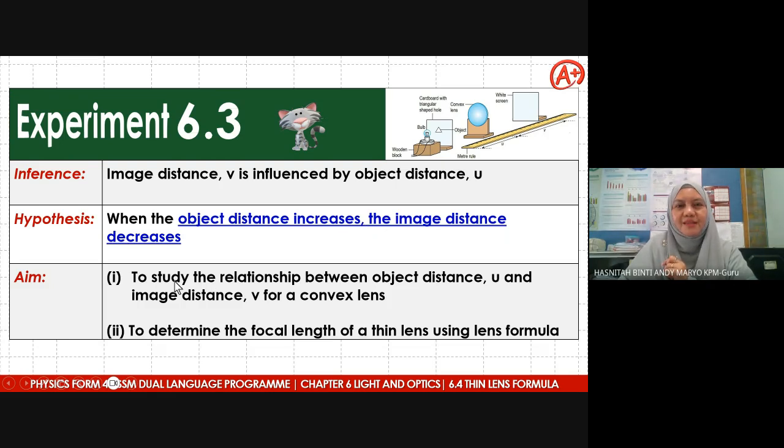The aim is to study the relationship between u and v for a convex lens, where u is the object distance and v is the image distance. Finally, we can determine the focal length of this lens by using the formula 1 over f equals 1 over u plus 1 over v.